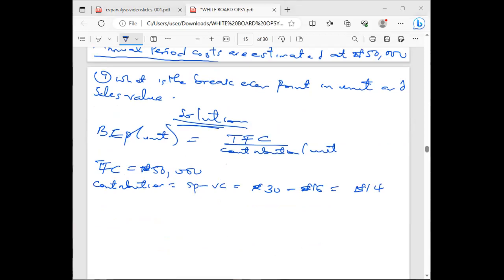It gives us 14. So, having known this, our BEP in units is 50,000 divided by 14 naira. What does that give us?